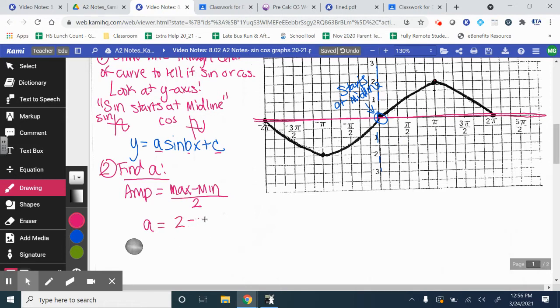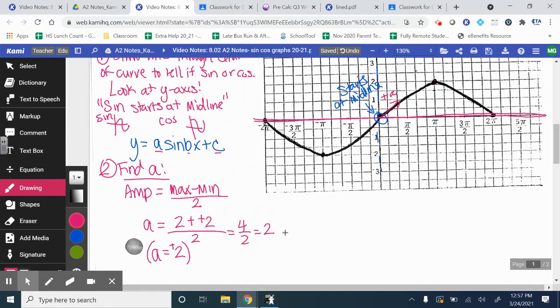So that's minus -2. Make sure you have that double negative in there, over 2. 2 plus 2 is 4, and 4 divided by 2 is 2. Since we start by going up, it's going to be a positive A. So we know it's going to be a positive 2.